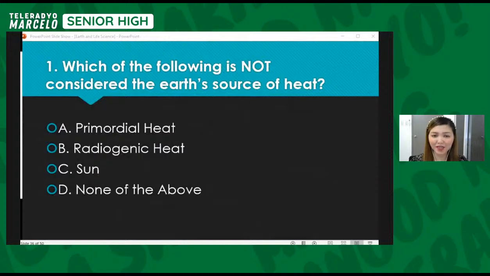Which of the following is not considered the Earth's source of heat? Letter A, primordial heat. Letter B, radiogenic heat. Letter C, sun.